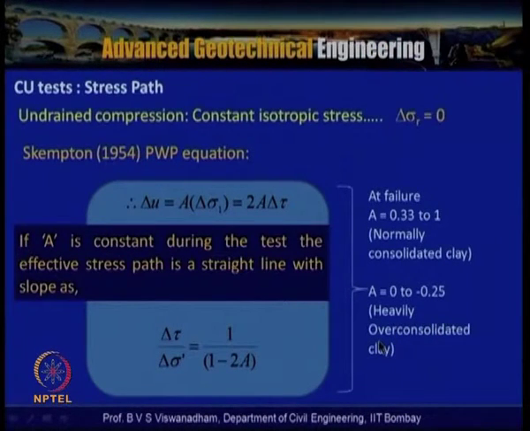Further, delta u is equal to A into delta sigma 1, which is equal to 2A into delta tau.